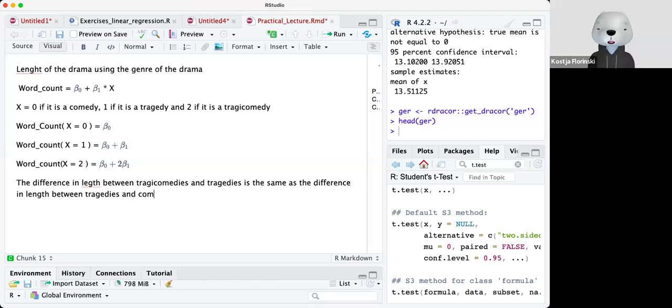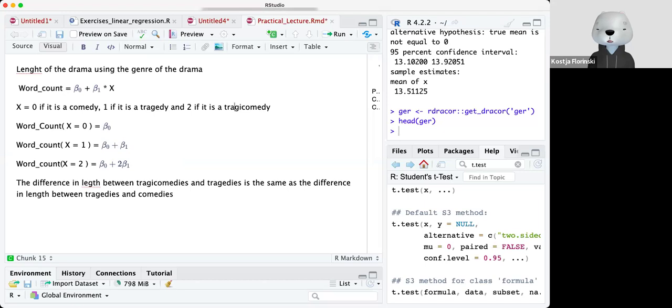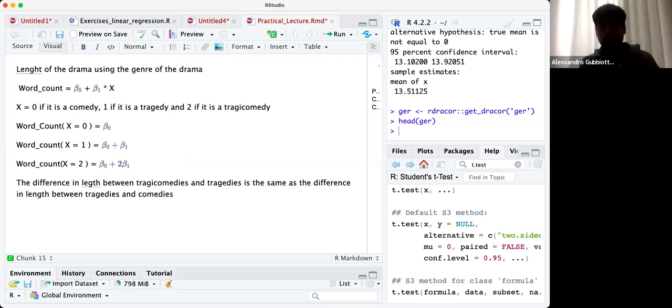And if we move to negatives and take -1, 0, and 1, will it raise the same problem? Yes, it'll still be beta 1. Beta 1 can be interpreted as the difference in the estimations between tragedies and comedies and between tragicomedies and tragedies.